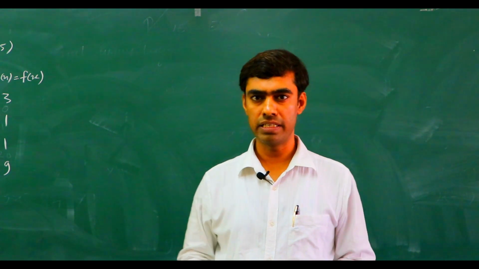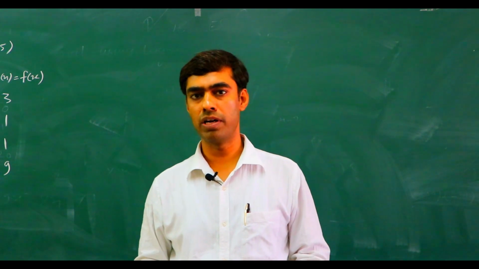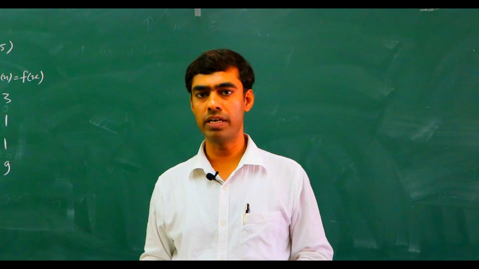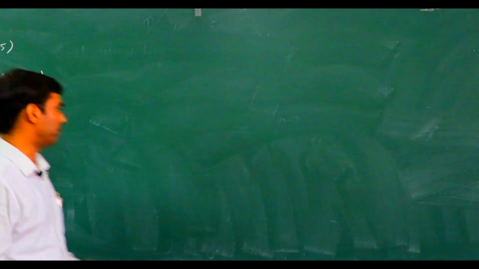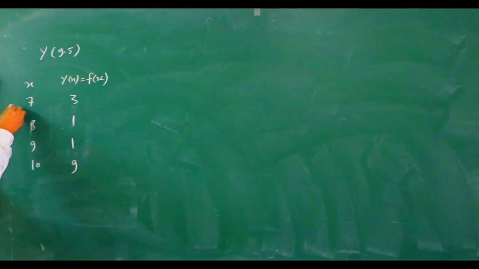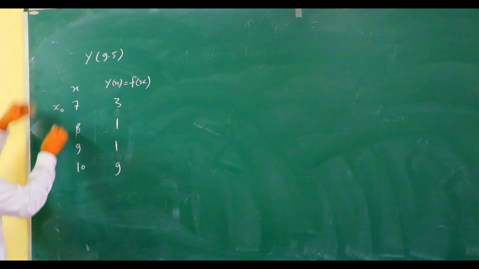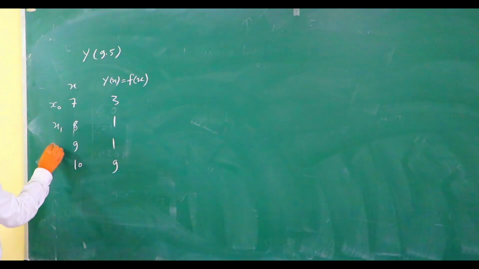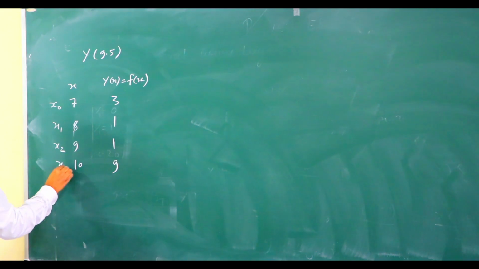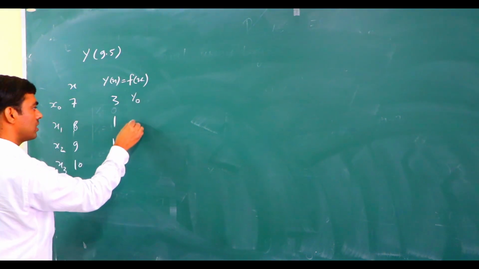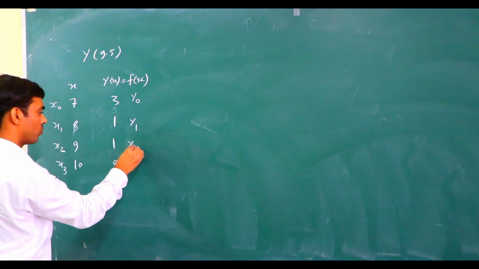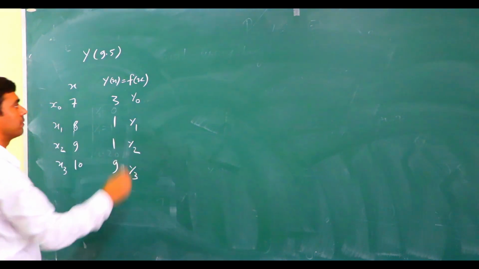We write the Lagrange interpolation formula, then put x equal to 9.5. Here this one is x0, x1, x2, x3, and corresponding values are y0, y1, y2, y3.